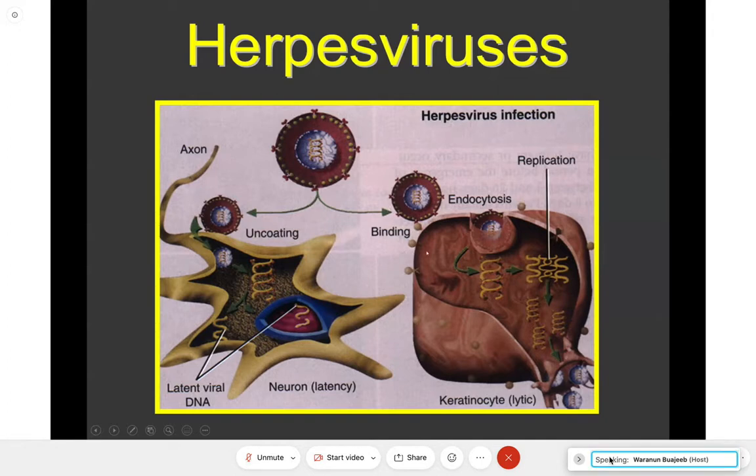At the same time, the virus can also penetrate into the neuron, and that latent virus can stay in the nuclei for the life of that person.